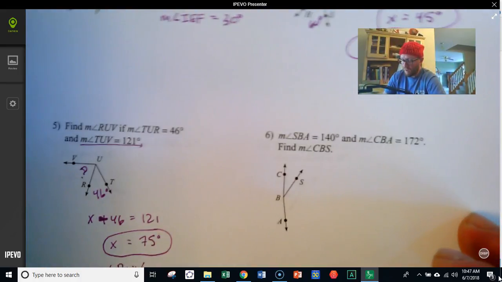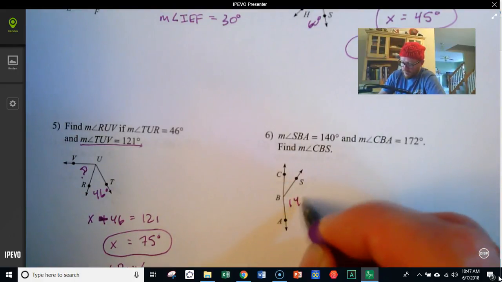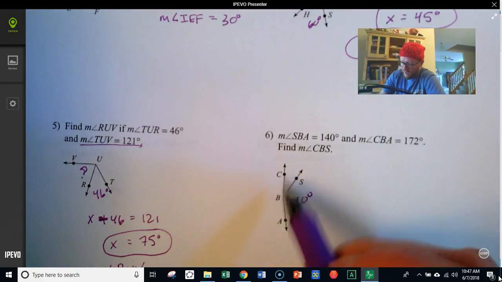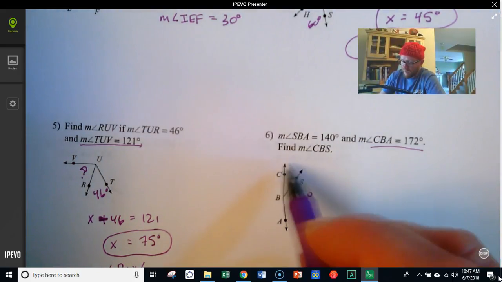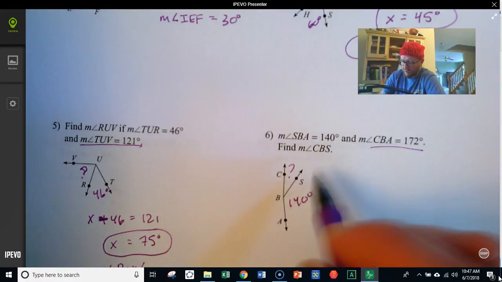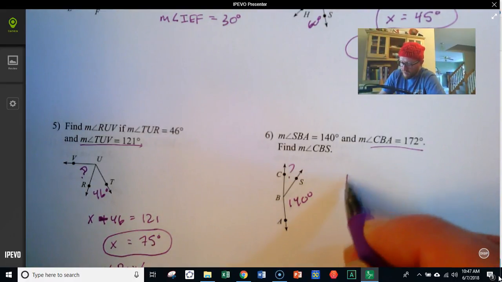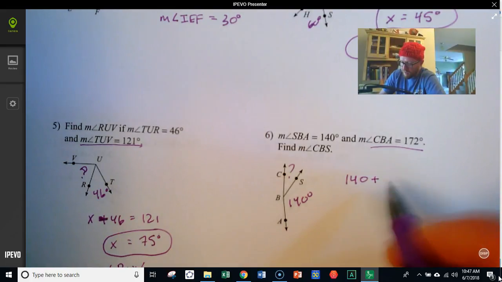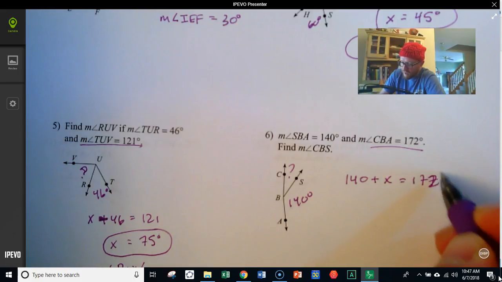Okay. All right, let's see here. We've got SBA is 140, and CBA, that's the big angle, is 172. So we're trying to find CBS here. So we could say that 140, let's measure this angle, plus our unknown angle equals 172.